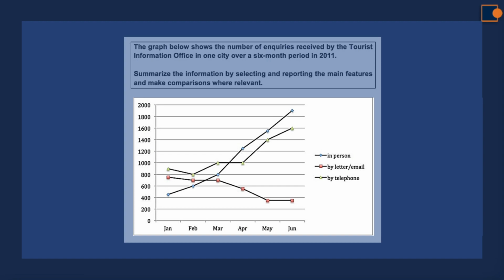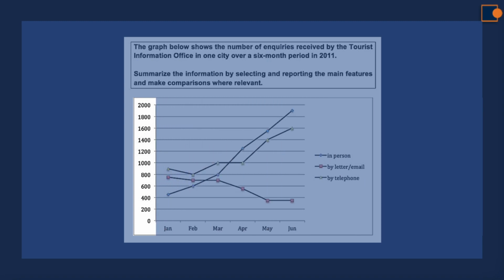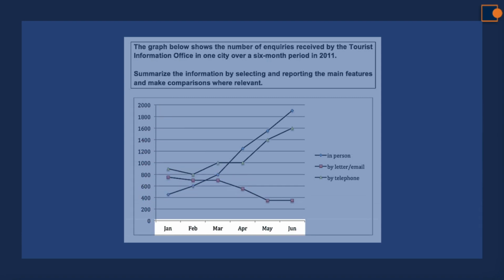The y-axis could be information given in numbers, sometimes percentages, and sometimes written forms of categories. But usually you can expect numbers or percentages. The x-axis, on the other hand, usually shows the months and data. Data could sometimes be categories.